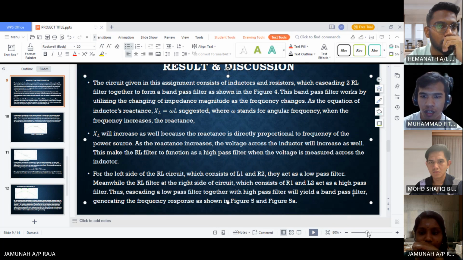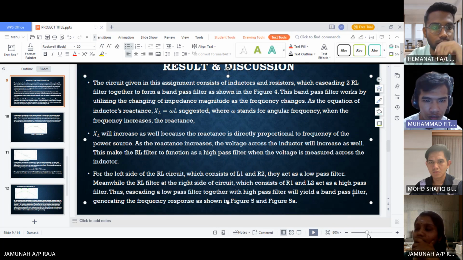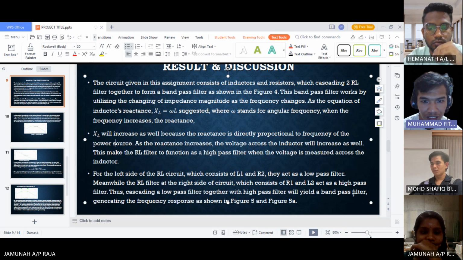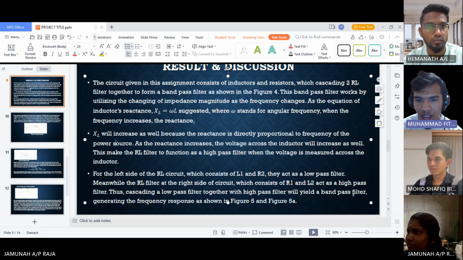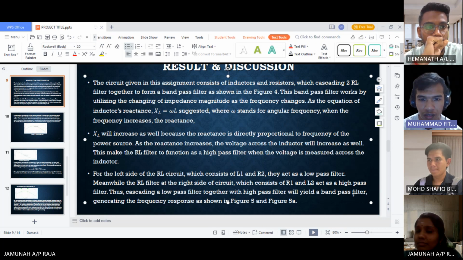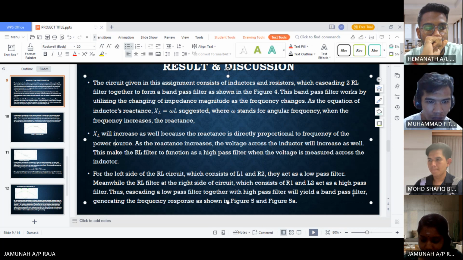to the frequency of the power source. As the impedance increases, the voltage across the inductor will increase as well. This makes the RL filter function as a high pass filter when the voltage is measured across the inductor.